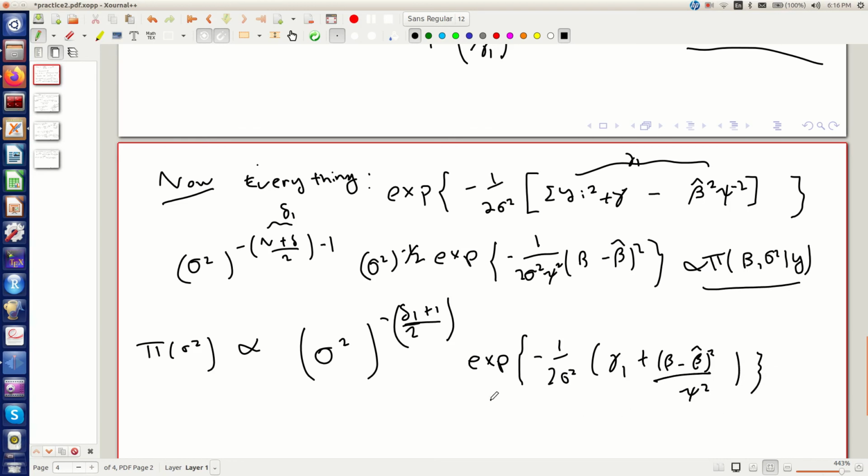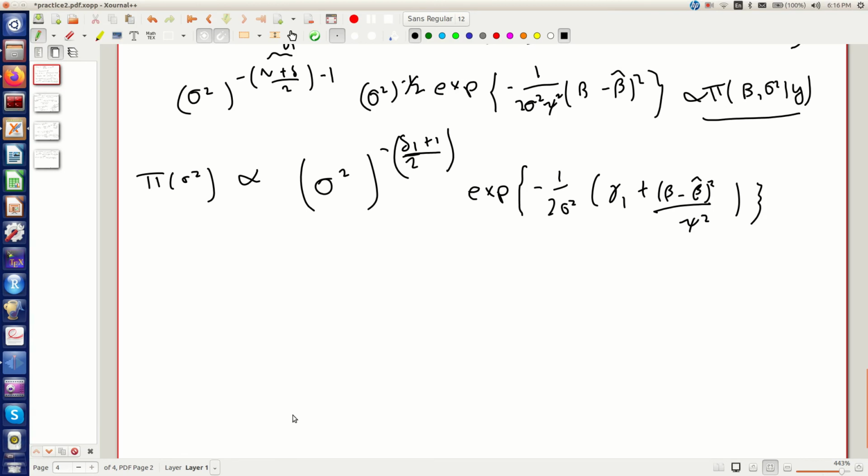All right, and this is proportional to an inverse gamma distribution. Alright, that doesn't look like a gamma. Let me do it again.